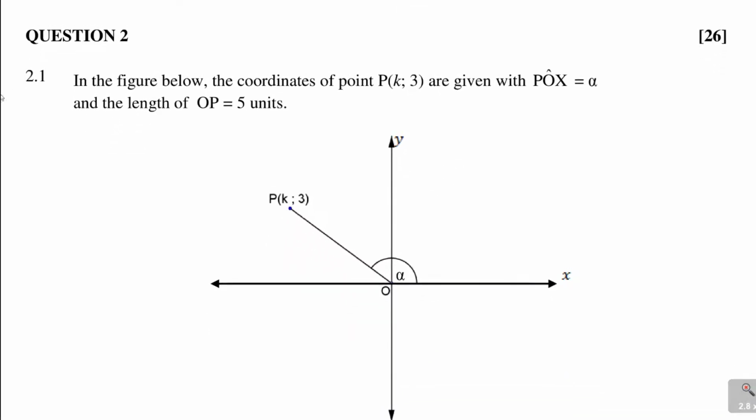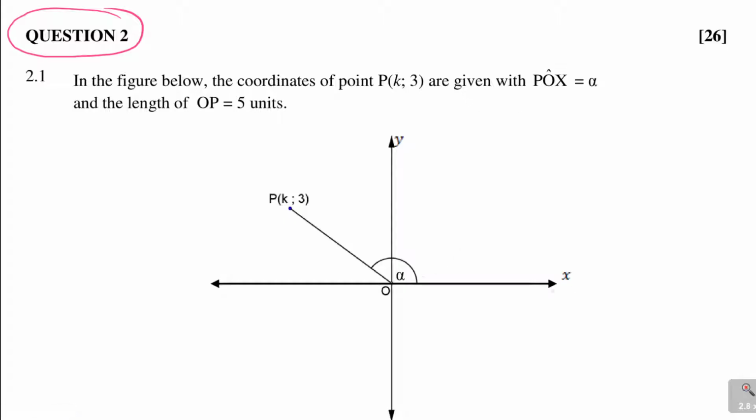So guys, let's go to question number 2. We are looking at 2.1. This is trigonometry. It says in the figure below, the coordinates of point P(k; 3) are given with angle POX equal to alpha.